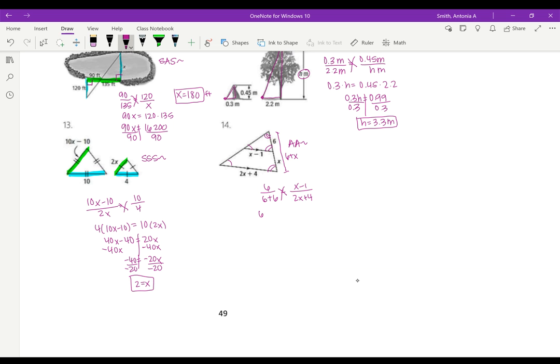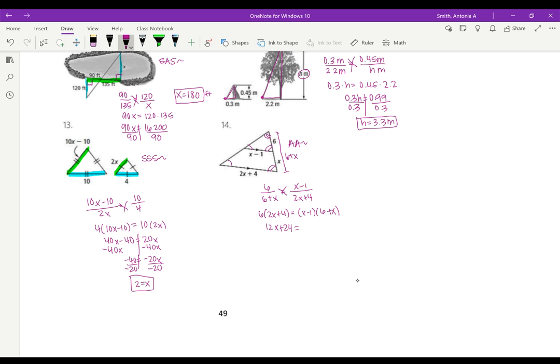Cross multiply. I think I put 6 plus 6. I didn't mean that, I want 6 plus x here. Okay, so I end up with 12x plus 24 equals, now this is going to give me a quadratic.